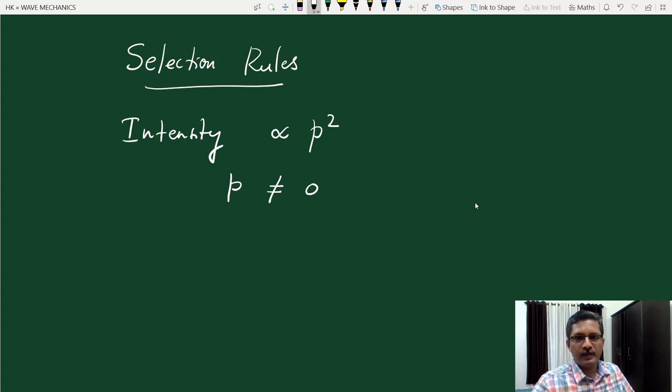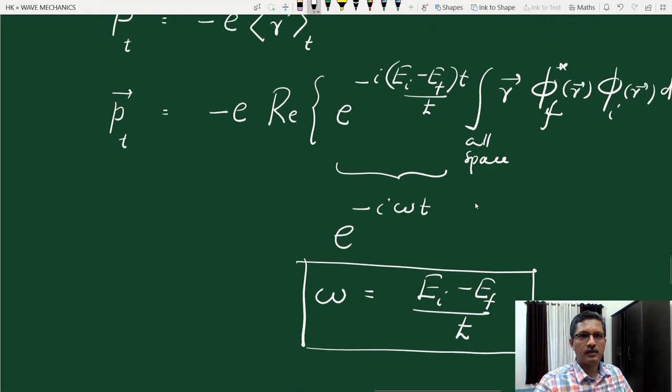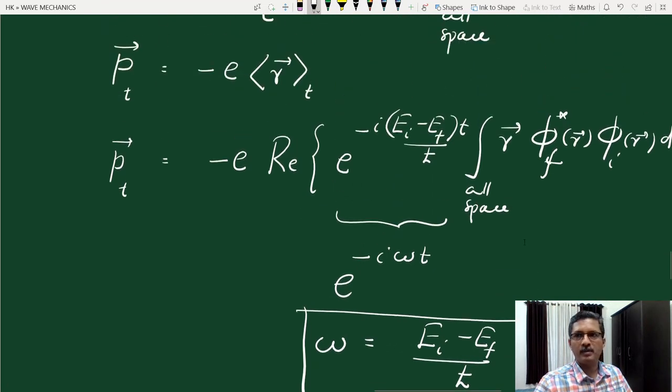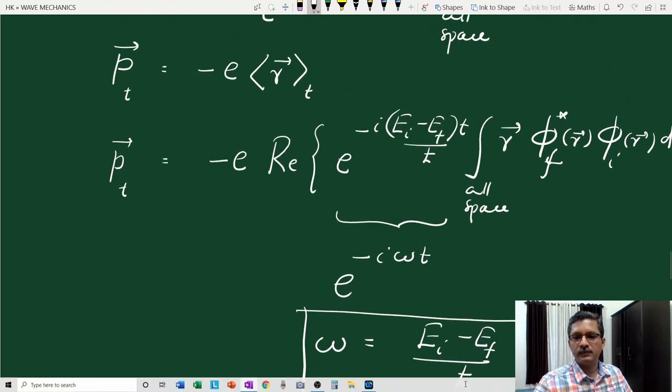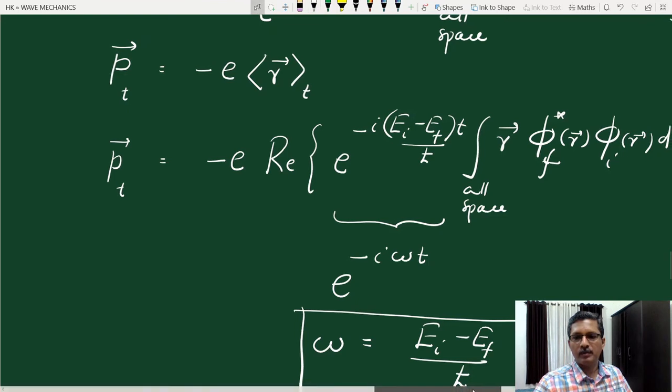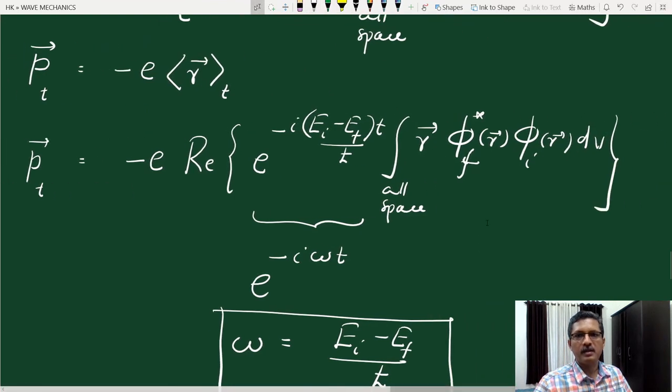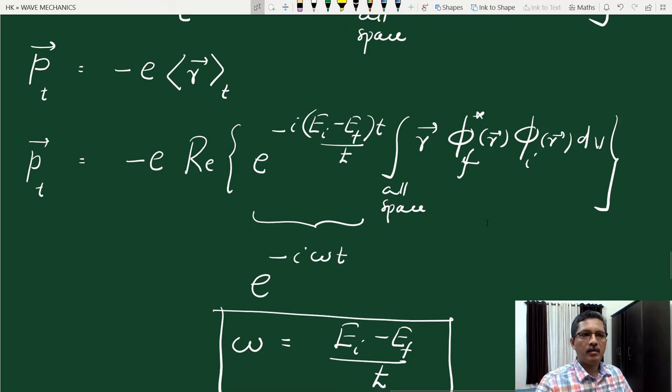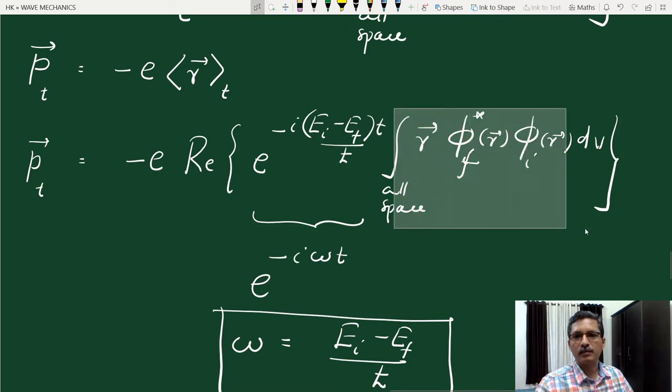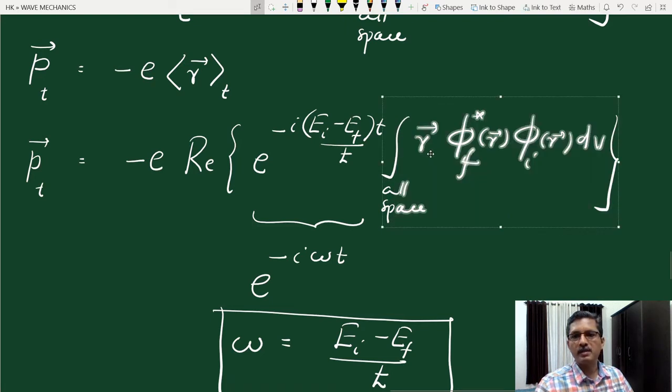So now we have established an expression for the oscillating dipole moment, the time dependent part of the dipole moment during the radiative transition. This is it. So this should be non-zero. We know the angular frequency of oscillation is (Ei minus Ef) by h cross, and for this to be non-zero, this integral has to be non-zero. Integral over all space, position vector r, phi f star, phi i, and this integral should be non-zero.